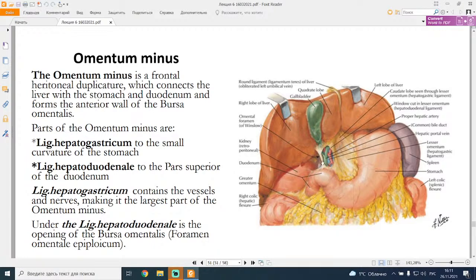Under the ligamentum hepatoduodenale is the opening of bursa omentalis, foramen omentale.